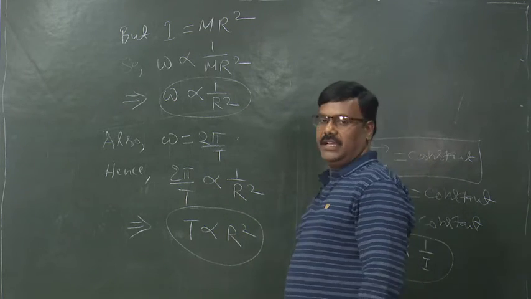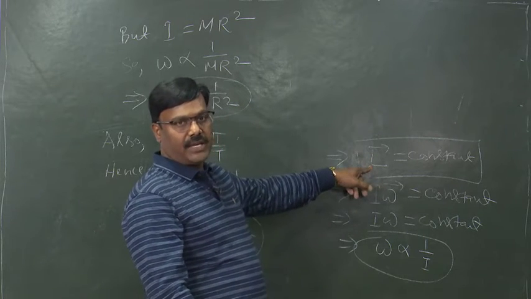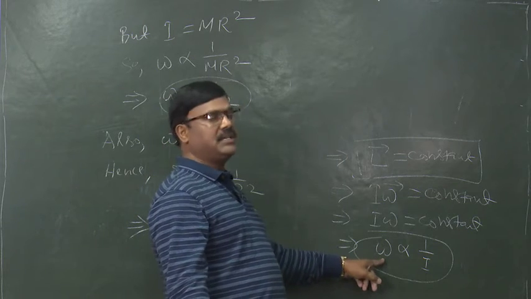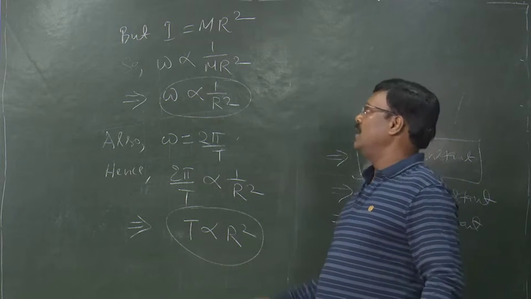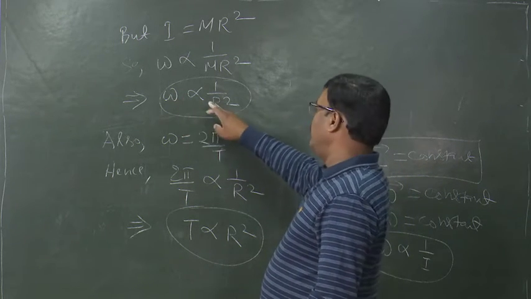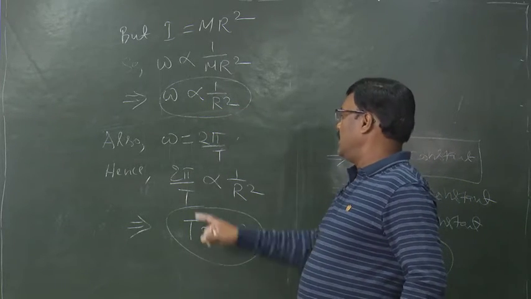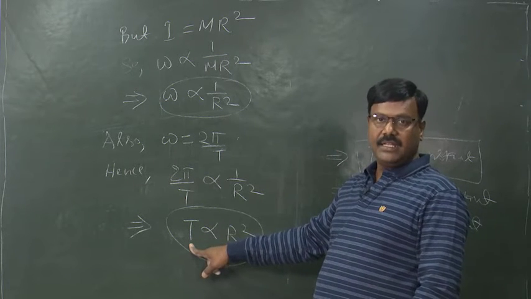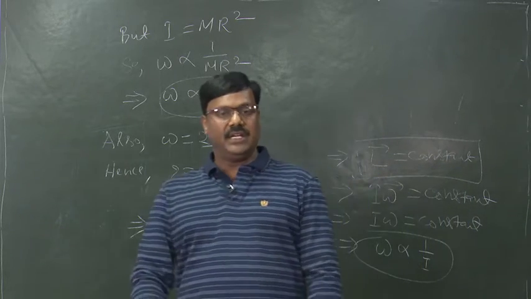What we have written here are from the law of conservation of angular momentum. First of all, we came to know that the angular velocity of a particle varies inversely with its moment of inertia, and also varies inversely with the square of the distance, and the time period of the particle in rotational motion varies directly with the square of its radius.